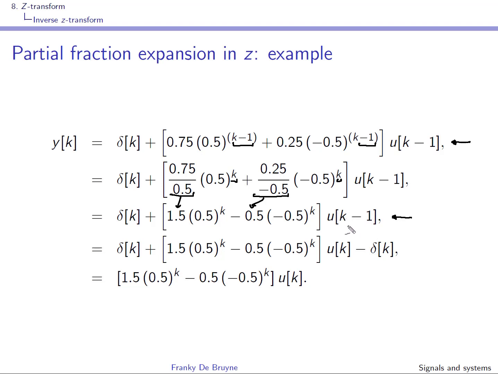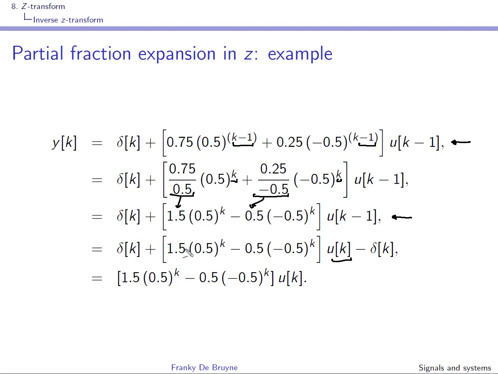Now we are going to replace u of k minus 1 by u of k. So it will be correct for every k except k is equal to 0. There we'll add something, and if we evaluate this expression in k is equal to 0, you will see that this will yield a 1.